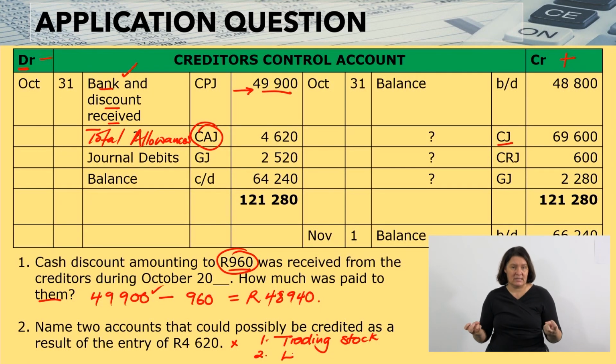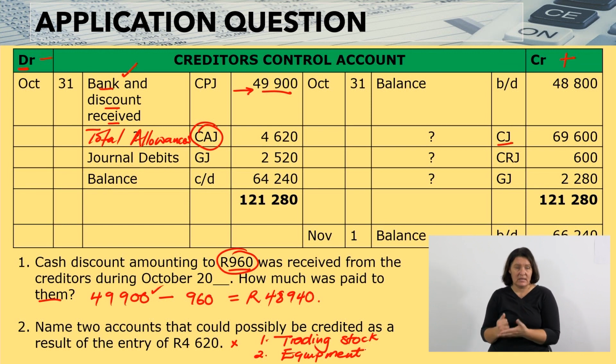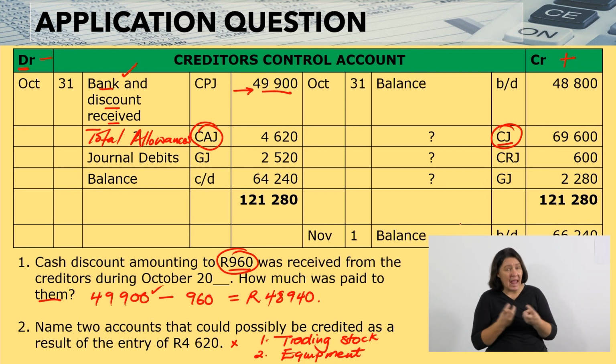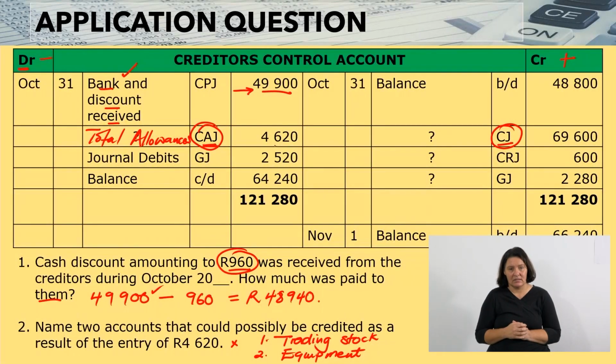The second account will be your equipment, that we would have bought equipment on credit and it would be part of the CJ. However, if the equipment is also faulty, maybe it's not working properly as we would want it to, therefore we return it, it would also be in our CAJ. So that is what can be credited in the 4,620.